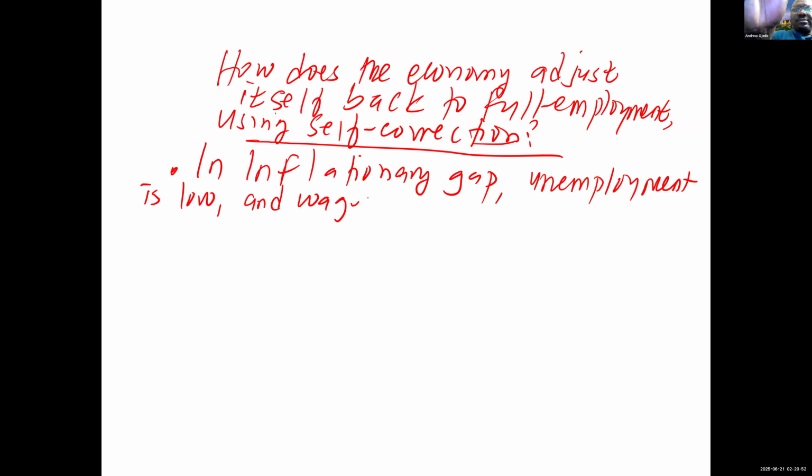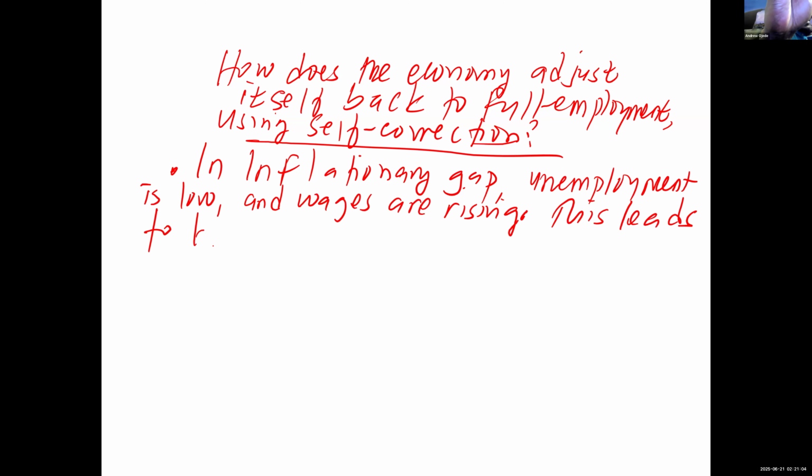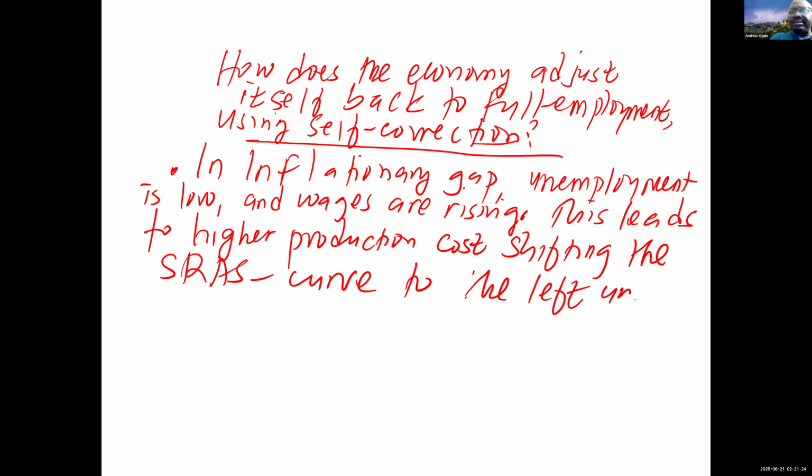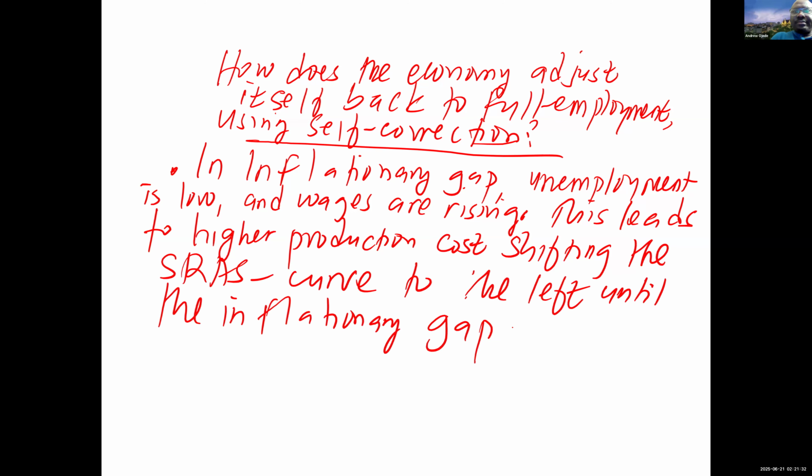And wages are rising. So when wages are rising, this leads to higher production costs, shifting the short-run aggregate supply curve to the left until the inflationary gap is closed.